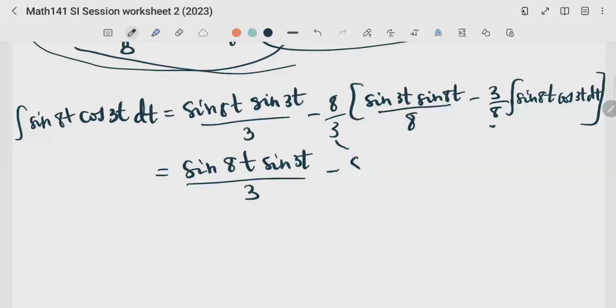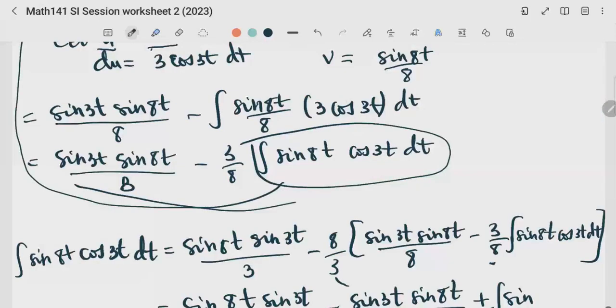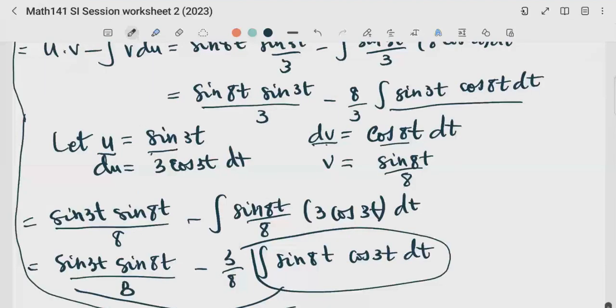So you have minus sine of 3t sine of 8t divided by 3 plus, this cancels, so basically the integral of sine... sorry, just give me a minute. There's a sign mistake somewhere. Let me just go through the calculation again.